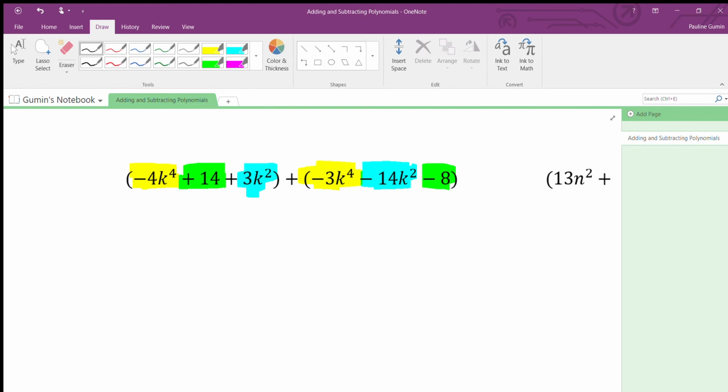We are adding. So, negative 4 plus negative 3, negative 7. 3 minus 14, or 3 plus negative 14, negative 11. And 14 plus negative 8, positive 6.